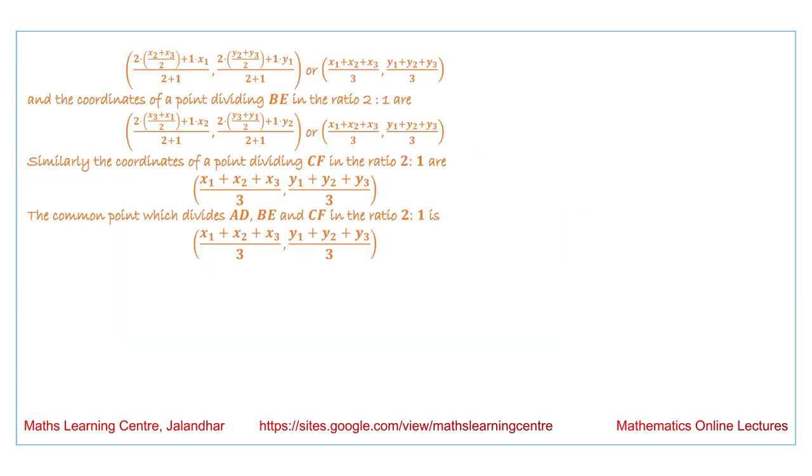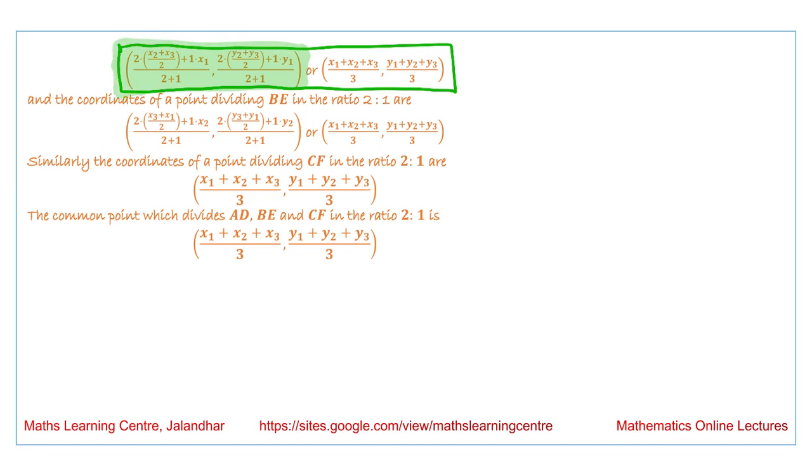These are the coordinates of the point G using the section formula, with the division in the ratio 2:1. It is (x1 + x2 + x3)/3, (y1 + y2 + y3)/3.